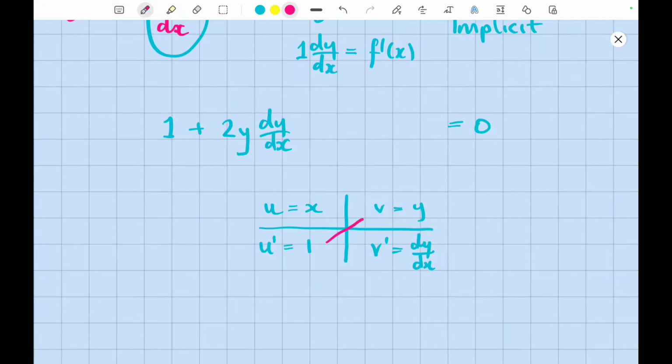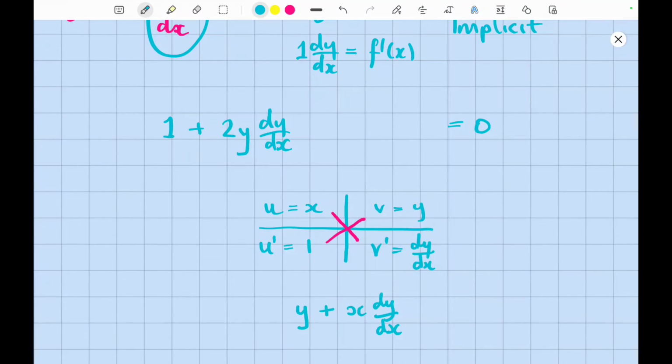The product rule says if we've got it in this format, we're just going to multiply it in this way. So firstly we'll have y plus x dy dx. There is a way of doing the product rule in your head.